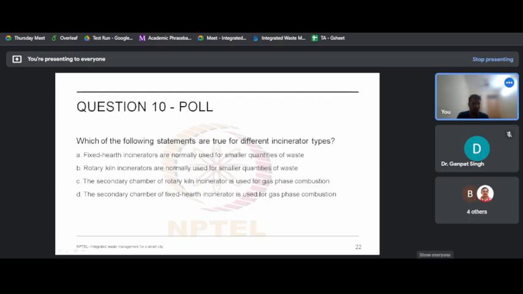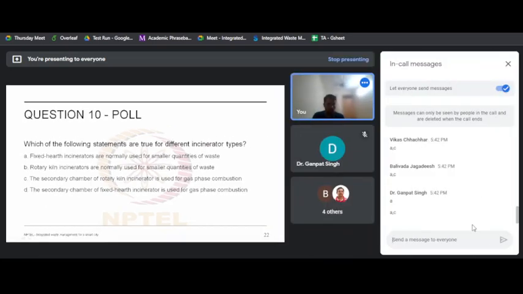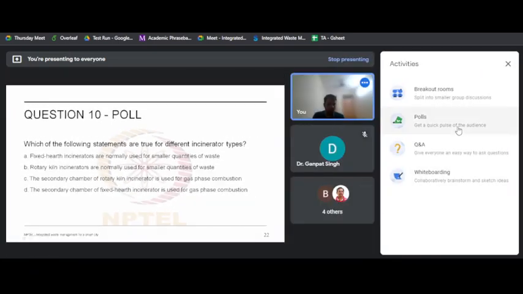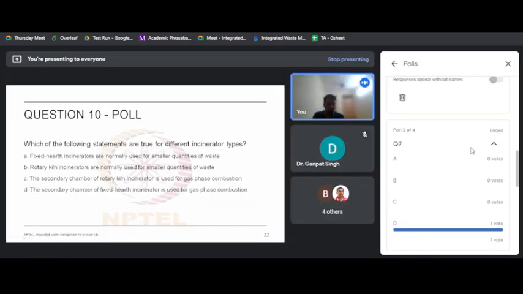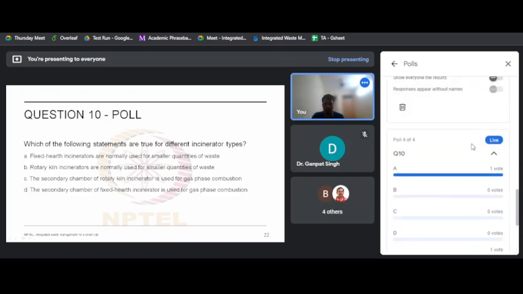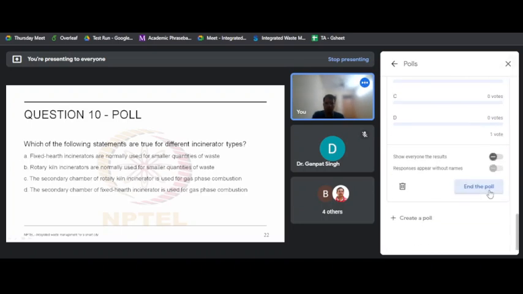Do we have any more responses? Three people have responded A and C. Just check the polls once. Someone has said A in the polls. Okay, when the poll ends, we'll discuss the answer.